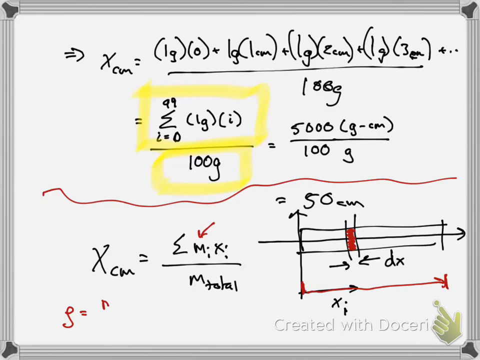Remember, the linear density, for a one-dimensional object, is mass per unit length. So the mass m sub i of each piece is the density of the meter stick times the length of that particular piece.